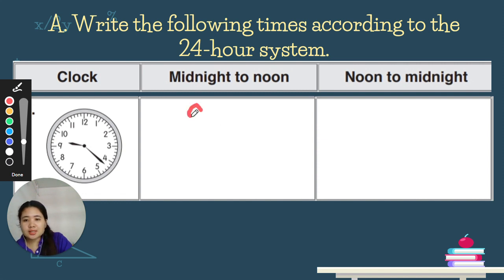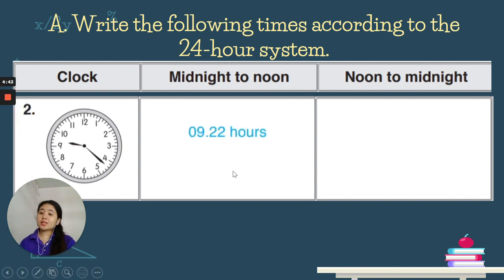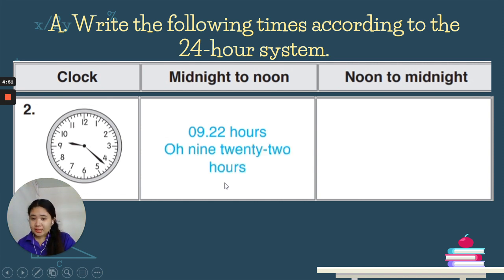So that means that is 9:22 hours. If you write that in words, that will be 09:22 hours. So you read the zero here.